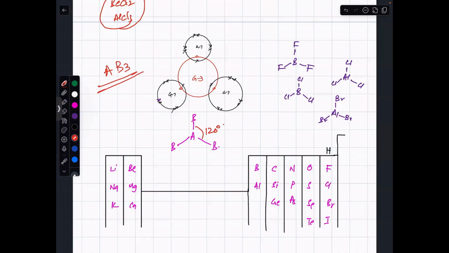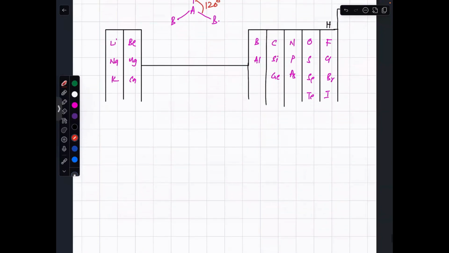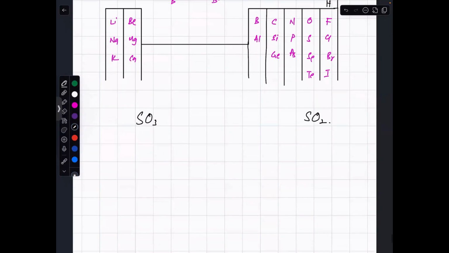Now listen. Another example of the same AB3. One is SO2, one is SO3. Now in SO3, sulfur is group 6, period 3. Oxygen is group 6, period 2.